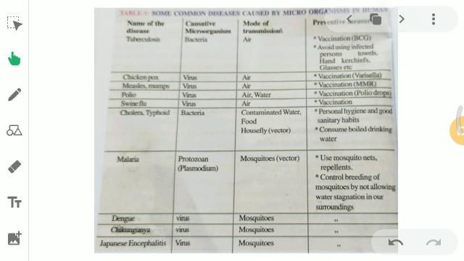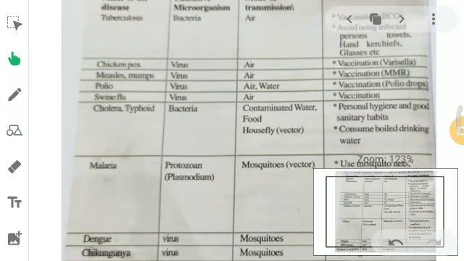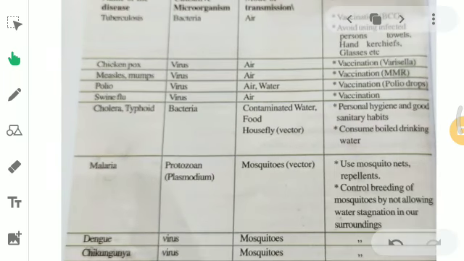For example, to cause malaria fever, the pathogen is the protozoan Plasmodium. The vector, the animal that carries this pathogen, is the female Anopheles mosquito. This causes malaria fever in human beings.